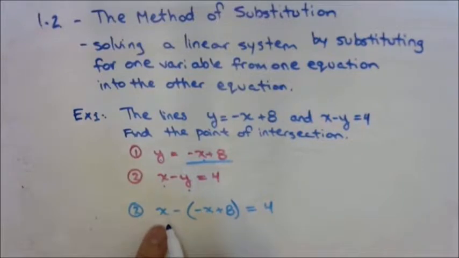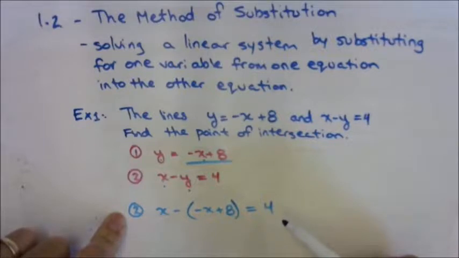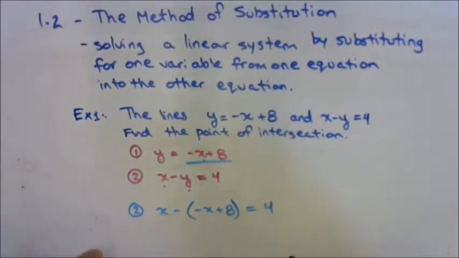It still has an x, still has a minus sign, but now instead of y, we have in brackets negative x plus 8, and it still is equal to 4. Now look at what's happened. We've eliminated one of the variables. Now we only have x in the equation, and we can continue to use our algebra skills to solve for x.